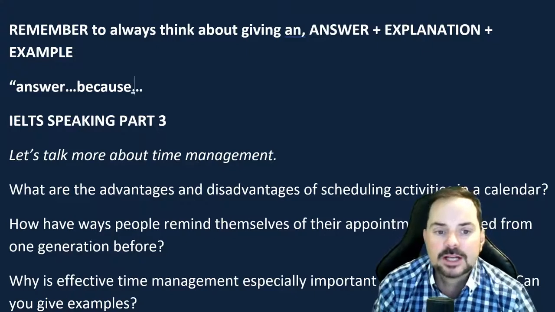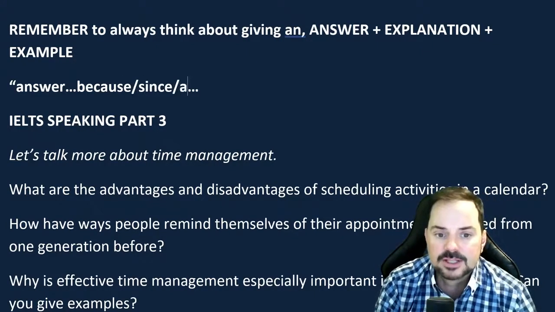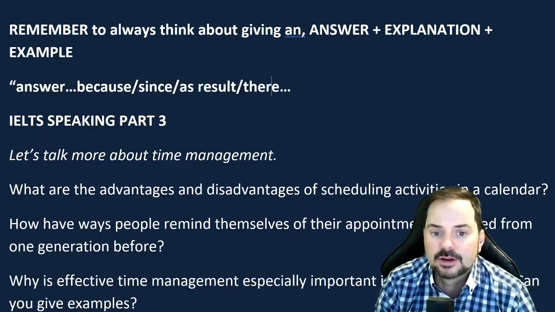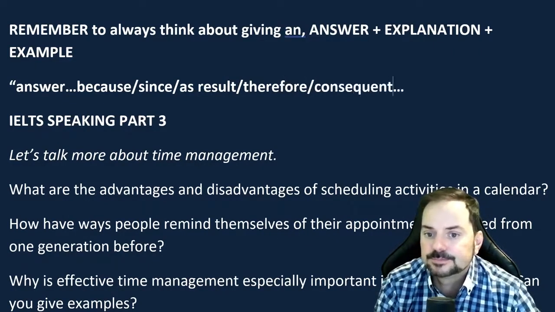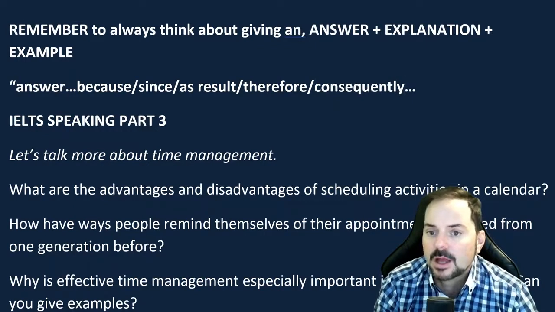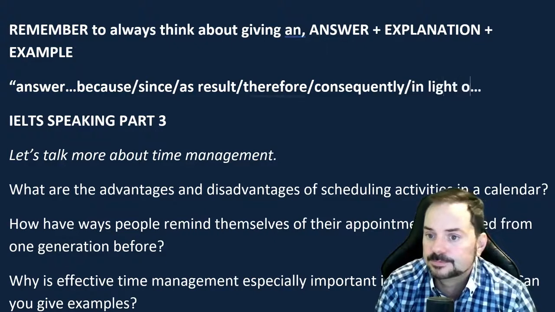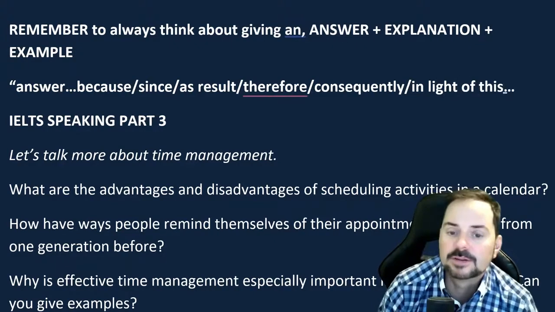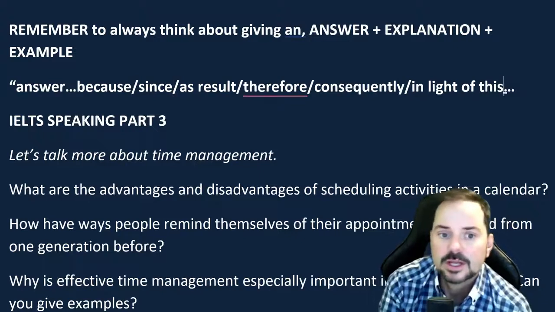Exactly, so because, or you can use since, as a result, therefore, consequently. In light of this, here's a nice expression for you. In light of this is an expression that means because or as a result of this, okay?